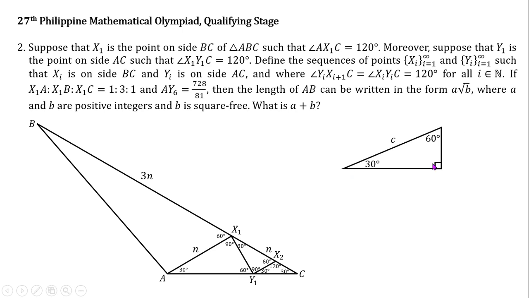For a 30-60-90 triangle, if the hypotenuse is given, then the side that's opposite the 30-degree angle is just half the hypotenuse. Let's say the hypotenuse is c units. The side opposite the 30-degree angle must be c over 2 units, and the side that's adjacent to the 30-degree angle is c over 2 times the square root of 3. You can easily prove this one.